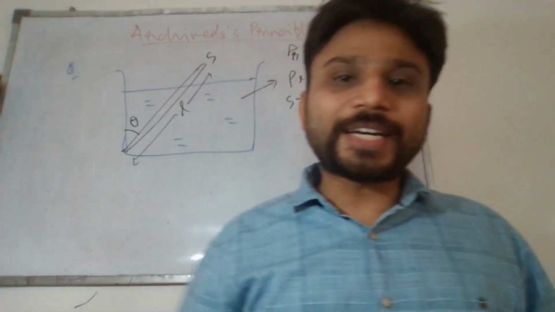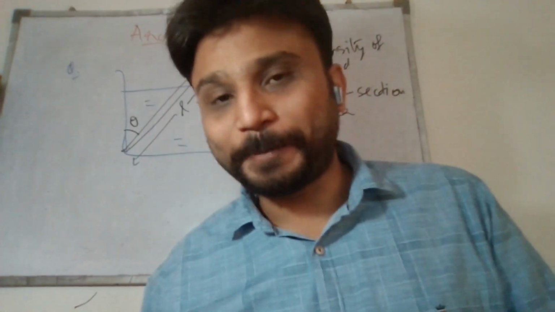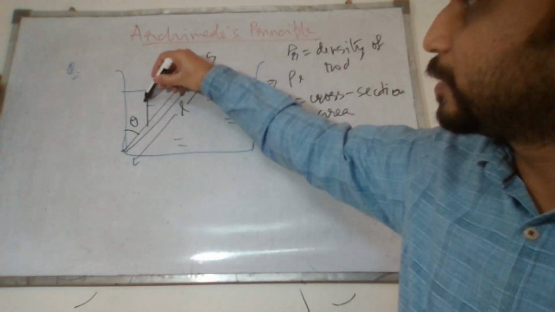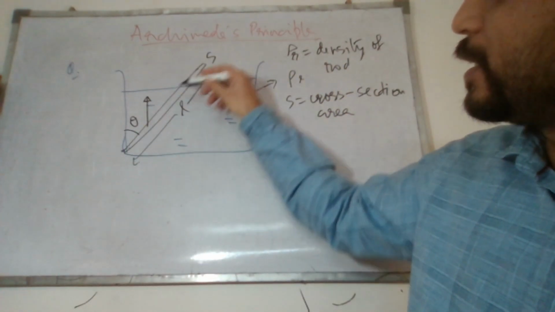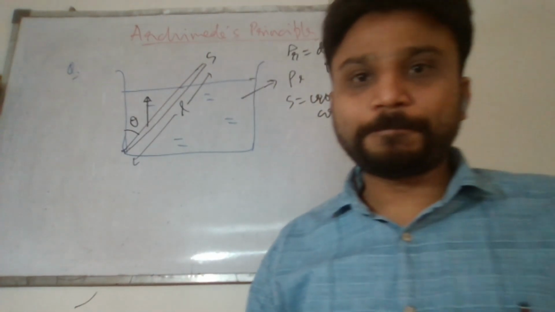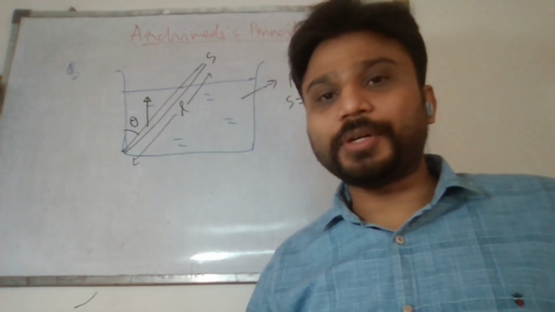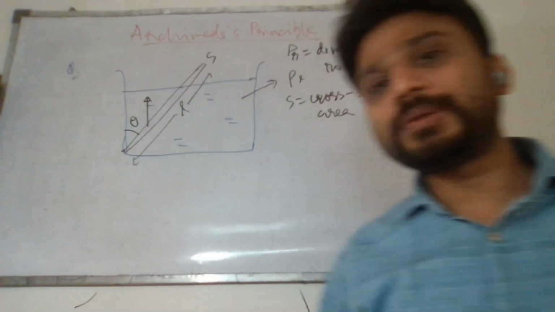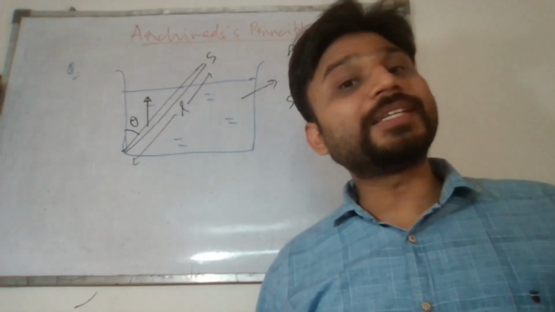How is Archimedes principle actually acting here? Archimedes principle says that the force acting on the body is equal to the weight of the fluid displaced. Here we also want to demonstrate where this force acts.